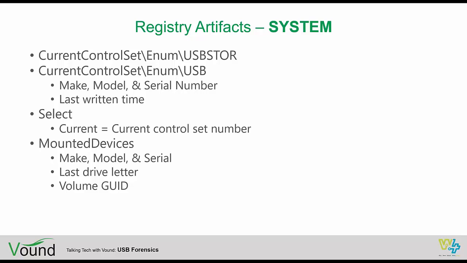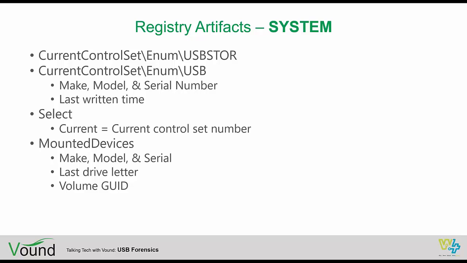So the USB and USBSTOR keys. These are going to be able to get you the make, model, serial, and the last written time. Depending on the kind of examination you're doing, live machine versus dead box, you may have to look at what is the current control set.